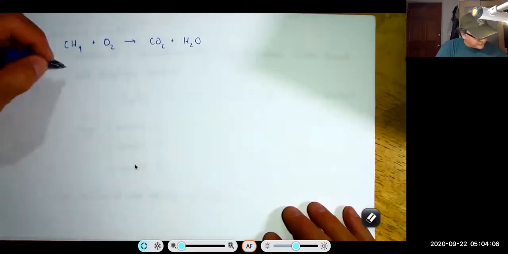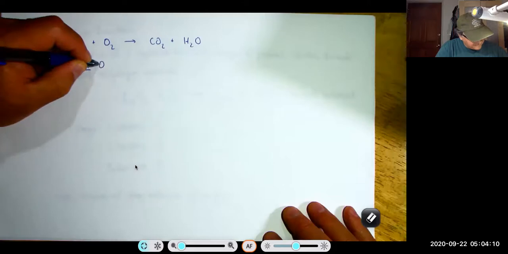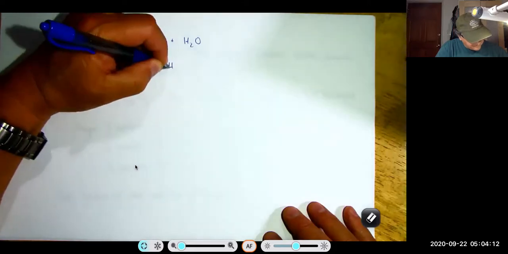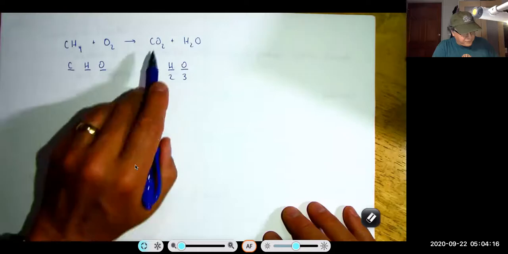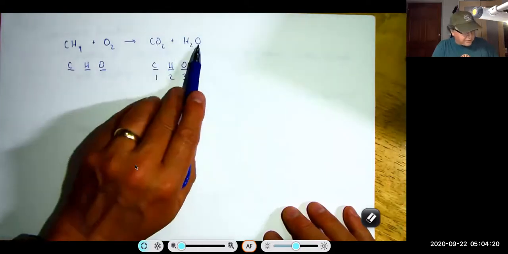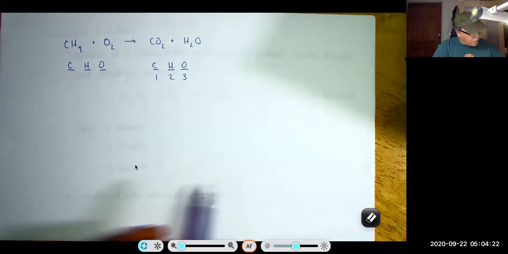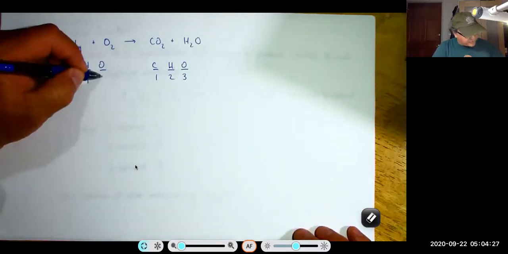You can make a list of each thing. One, two, three, 1 carbon, 2 hydrogens, 2 oxygens here, and 1 oxygen here for 3. 1 carbon, 4 hydrogens, and 2 oxygens.